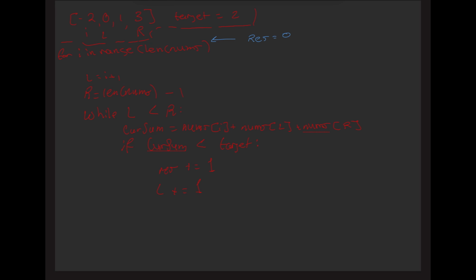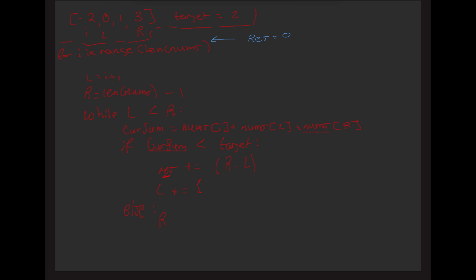But a much quicker way that gives us the same, and in my opinion more accurate, answer would be to take the distance between the right pointer and the left pointer, and add that to the result until we find the condition where the current sum is greater than the target.